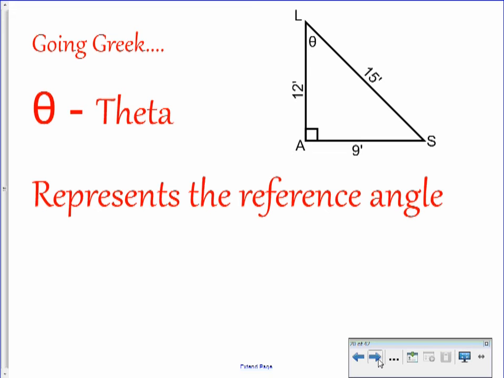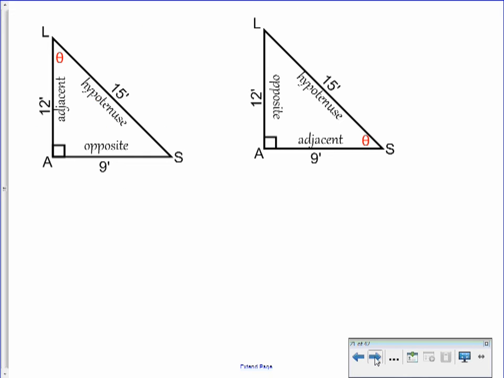That's your perspective. If you're doing any trig problem, you got to pick one of the angles, except the right angle. The right angle is never a reference angle. So it's either the leg and the hypotenuse over here, or the leg and the hypotenuse up here. And that perspective, that reference angle, changes what works together.